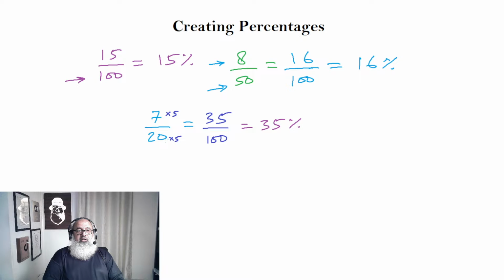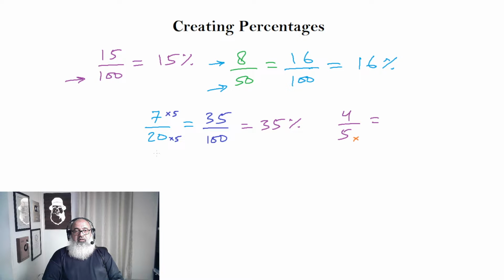And let's do one more. We have here 4 over 5. We want to convert this 5 to 100. We have seen that 20 times 5 is 100, it's the same as 5 times 20.